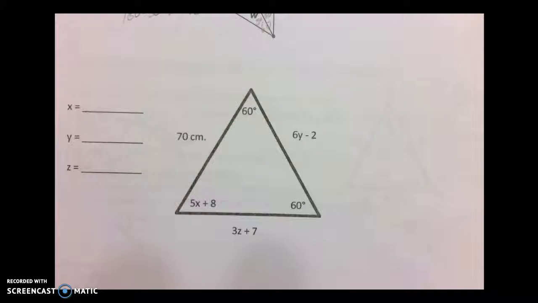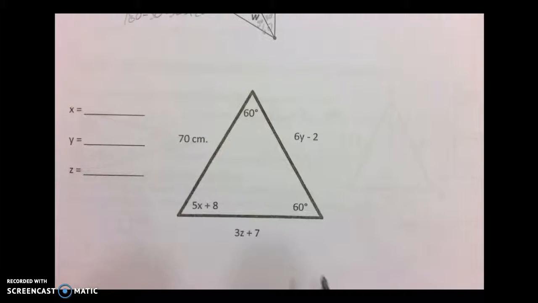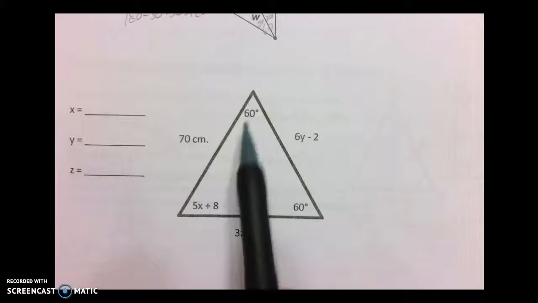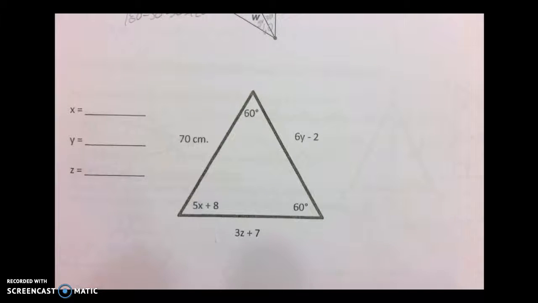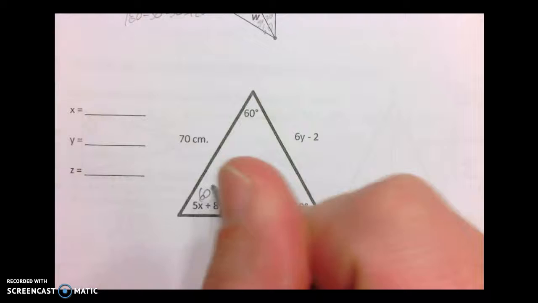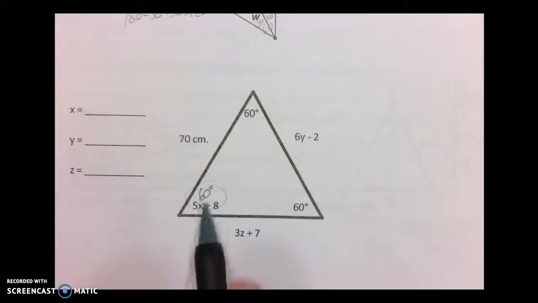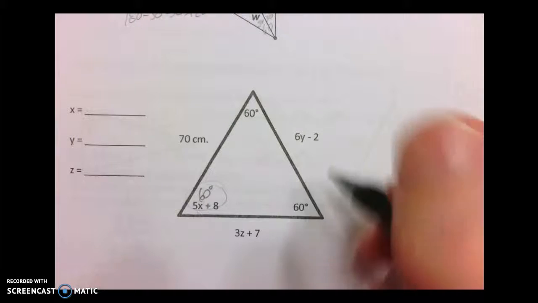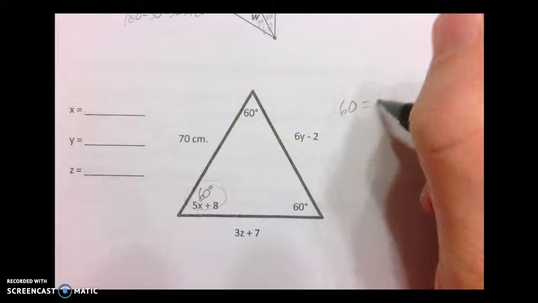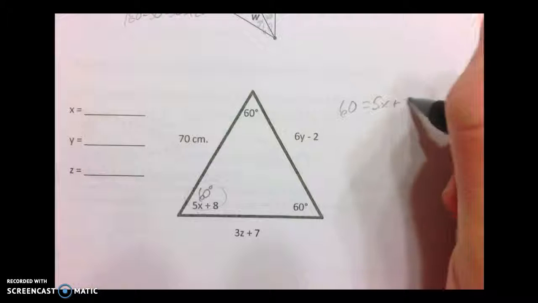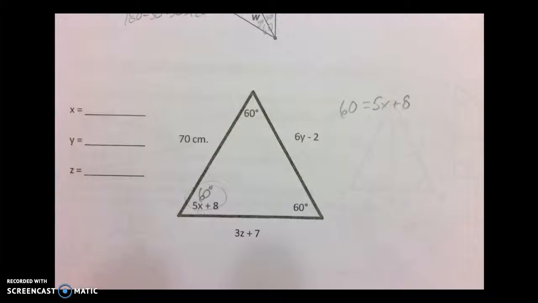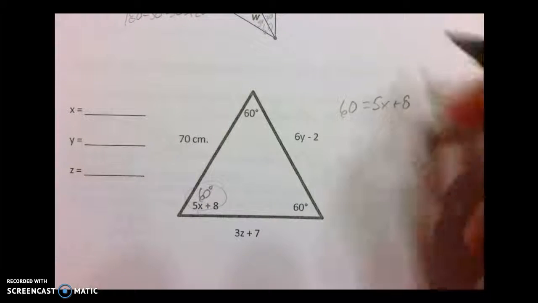Alright, the final example in your notes. I'm looking for where to start here. If this is 60 and this is 60, what must this angle be? It must be 60 degrees. So now I have an equation here, because this angle is 60 degrees and it's 5x plus 8. I can do 60 equals 5x plus 8, because they're the same thing.